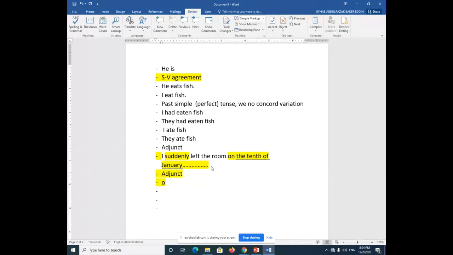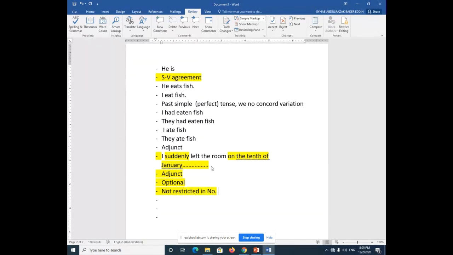Okay, first, it is optional. How do you know that this is an adjunct? It is optional. In other words, you can take them from the sentence and the sentence is still meaningful. So you can say, I left the room, and the sentence is perfect semantically speaking, right? So it is optional. Clear? And number two, it is not restricted in number.